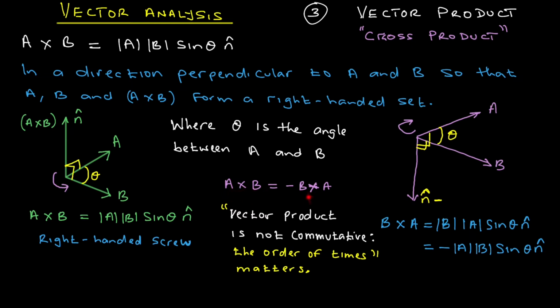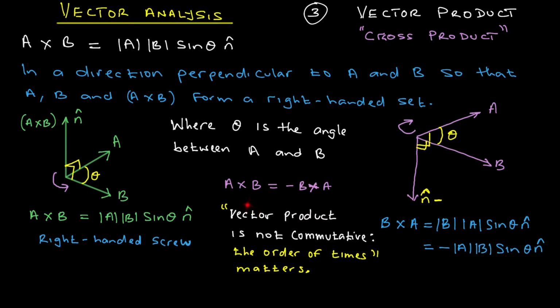This indicates that A cross B can also be written in terms of B cross A, but it will be negative because the vector product is not commutative. If it were commutative, it wouldn't be negative; it would be the same value.